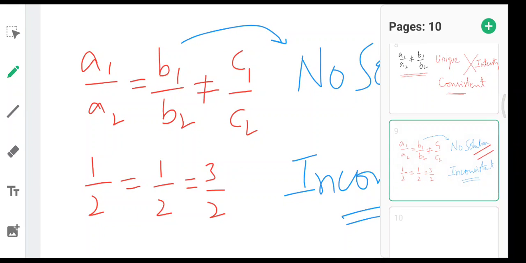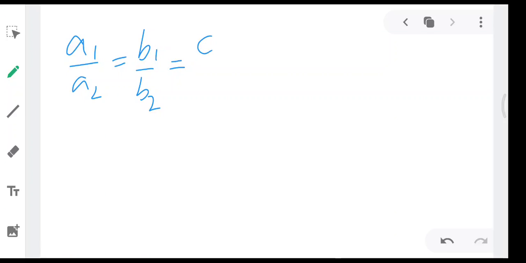Now what could be the third condition? The third condition is a1 by a2 is equal to b1 by b2 is equal to c1 by c2. All will be equal, meaning you found a1 by a2, you got 1 by 2, even b1 by b2 is 1 by 2, and last c1 by c2 is also 1 by 2.